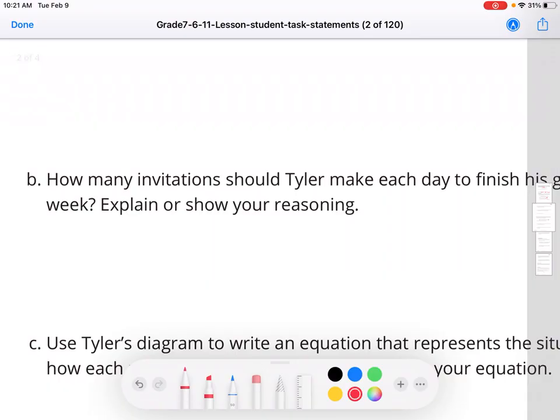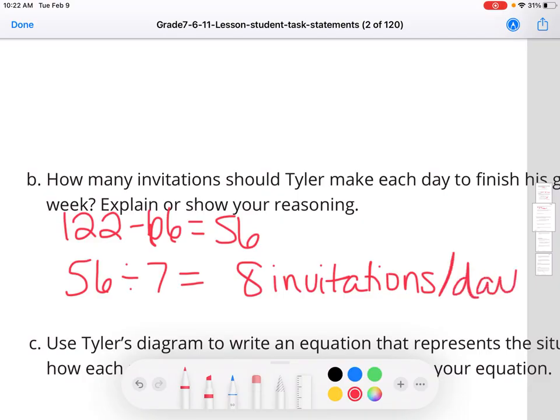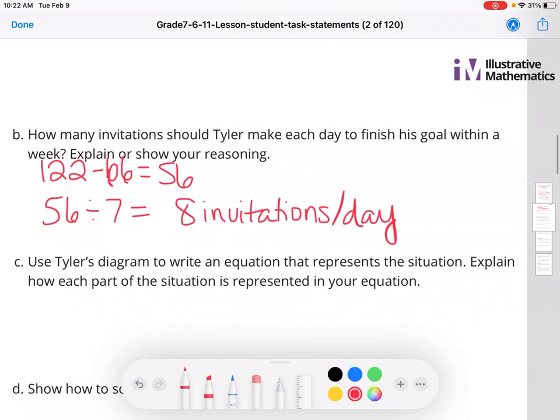So since he needs 122, he has already made 66. So that leaves me with 56 invitations that I need to make over 7 days. So I know I want to make those equally over the 7 days, so I can just divide, which tells me that I need to make 8 invitations each day. So 8 invitations per day.